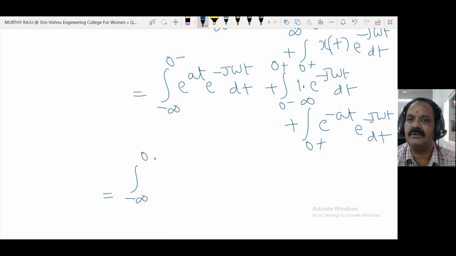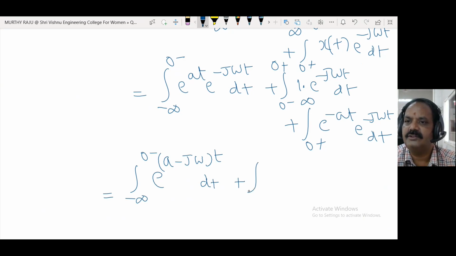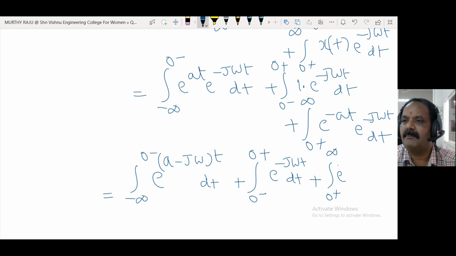So we get the integral from minus infinity to 0 minus of e power a minus j omega t dt, plus the integral from 0 minus to 0 plus of e power minus j omega t dt, plus the integral from 0 plus to infinity of e power minus a plus j omega into t dt.